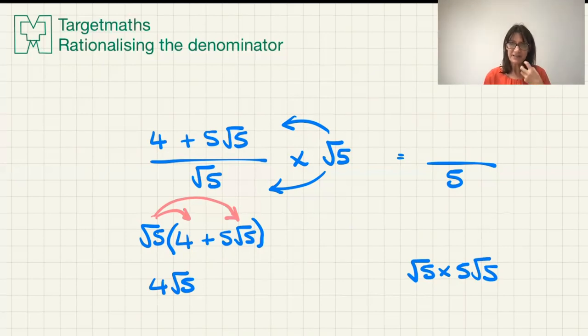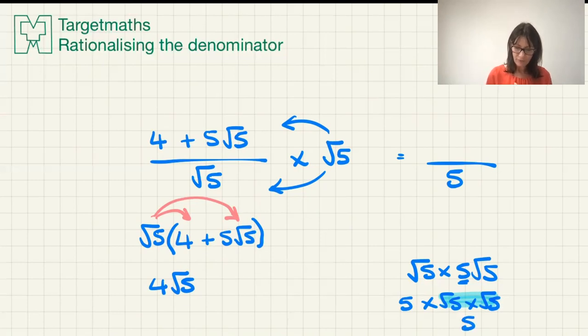If the information is fed to my brain, it's going to help my brain work it out better. I've got an integer, so I'm going to bring that out. So I've got 5 times root 5 times root 5. Obviously, I've got this double thing happening here, which means that's going to cancel to 5. And then 5 times 5 is 25. So I've got 4 root 5 plus 25 all over 5.